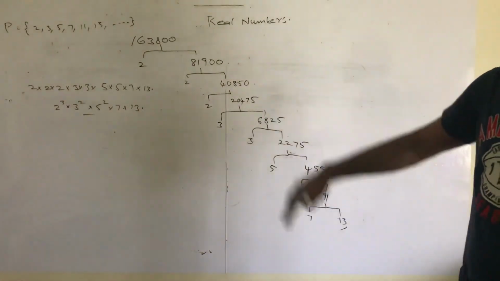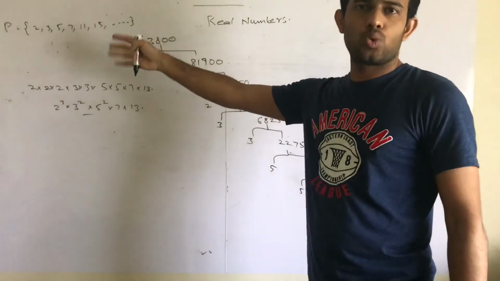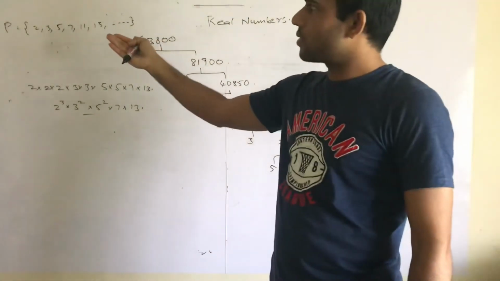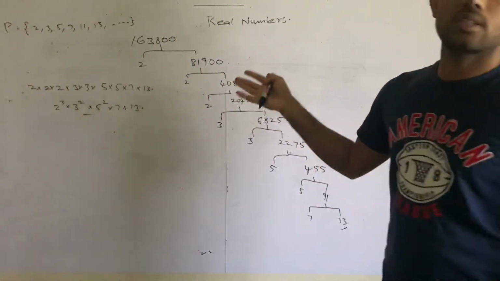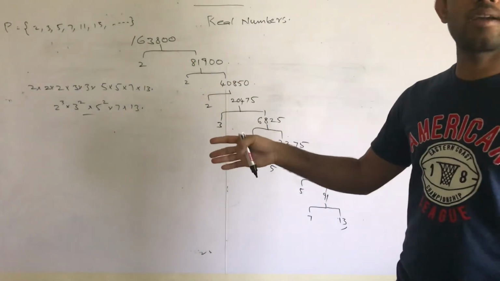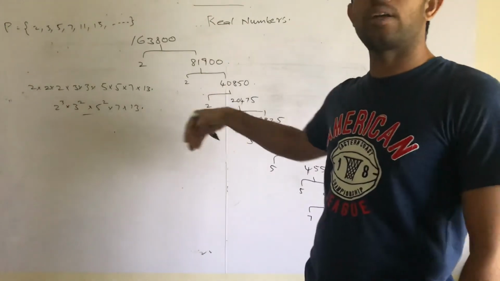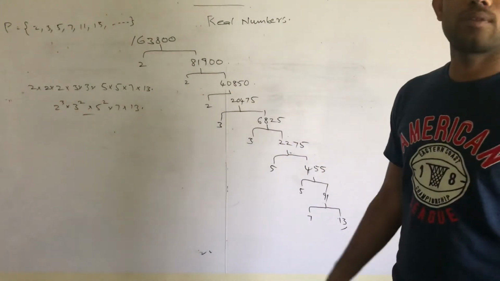Okay, you take any number and first check with the 2, if it is divisible by 2, then further factor it, or if it goes to a level where it is not divisible by 2, next check with 3 and you continue, and when it goes to a level where it is not divisible by 3, then you take 5, you take 7.